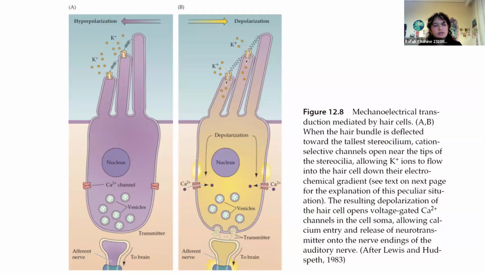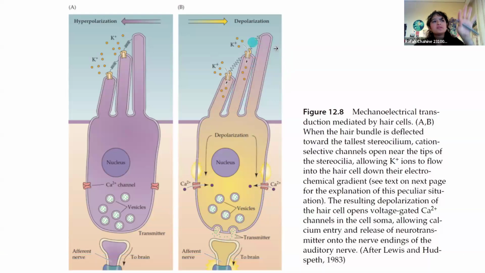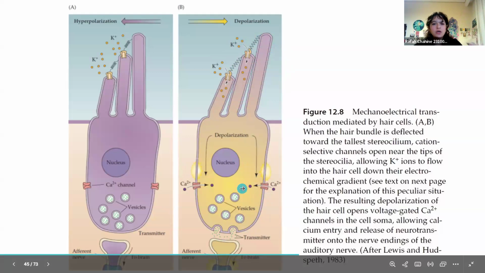But I hope depolarization is clear. So the cilia move towards the kinocilia, open tip links, open potassium channels, potassium influx, depolarization, open calcium channels, cause vesicles of neurotransmitters to be released, specifically glutamate, which will go from the afferent nerve to the brain. Okay?